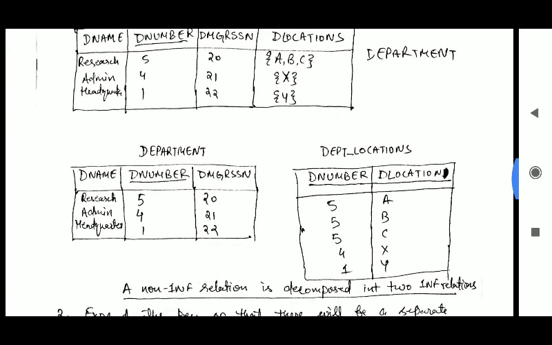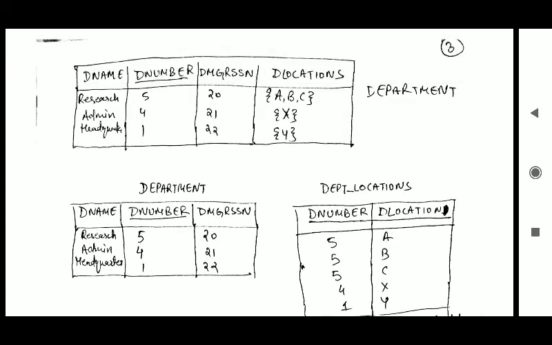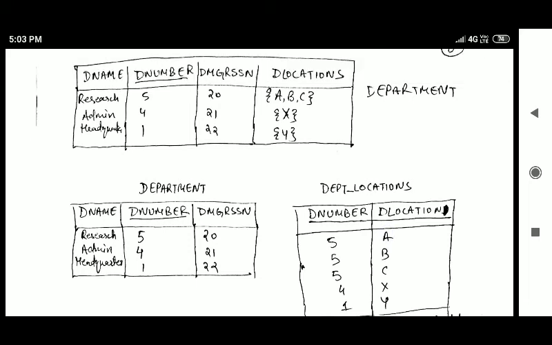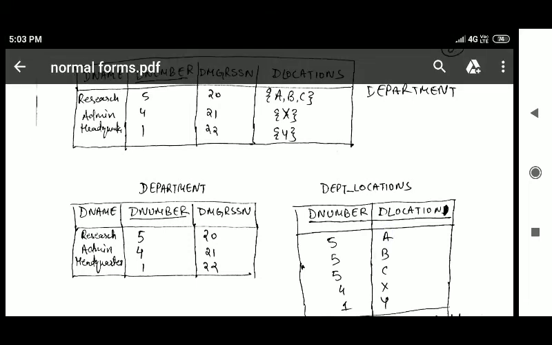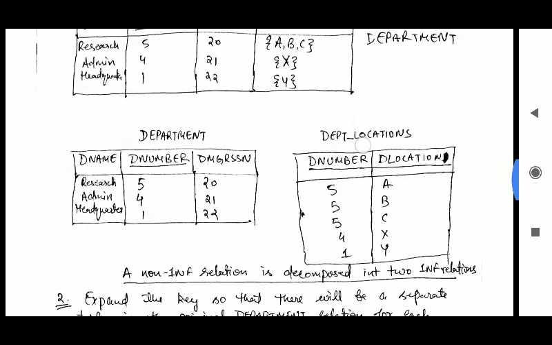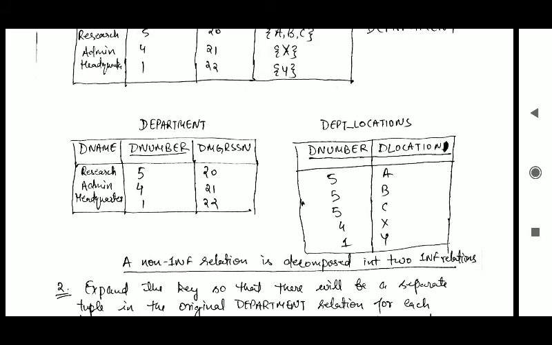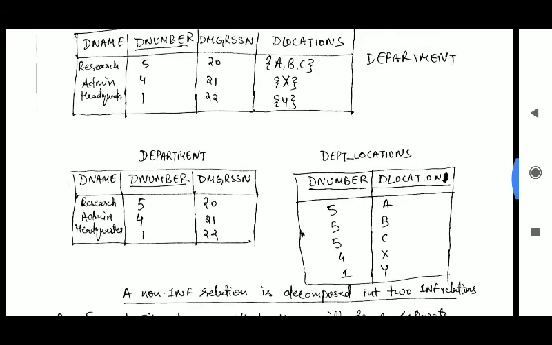There are three tuples for department number 5, each for each separate department location. One is for department location A, one is for department location B and one is for department location C. So in this way you can see that this relation department, which was not in first normal form, is decomposed into two first normal form relations, department and department locations.